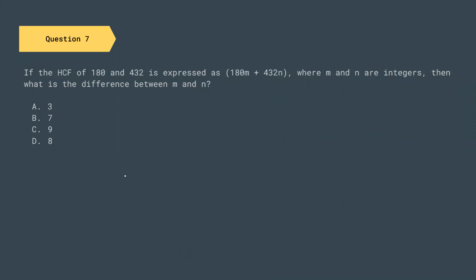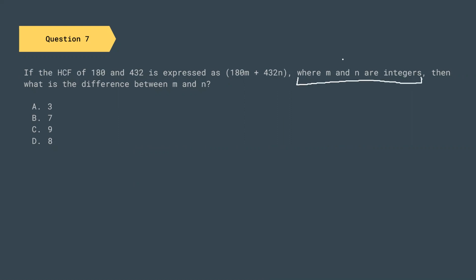This is an interesting question. HCF of 180 and 432 is expressed as 180m plus 432n, where m and n are integers. Now, mind you, m and n are integers.